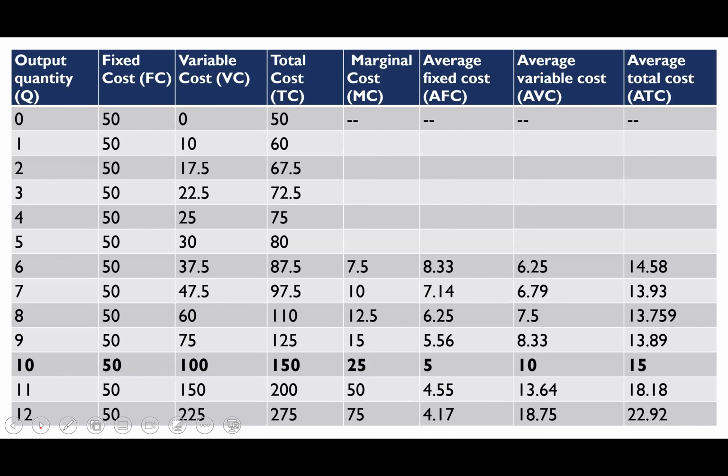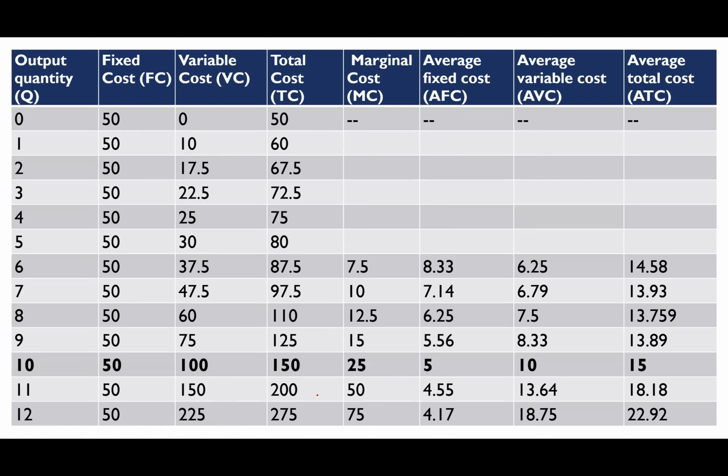Okay. So we're looking again here at the firm's output table. You're seeing in the leftmost column output from 0 to 12. In the second column, fixed cost is constant at 50. Variable costs you see is growing with output, as is total cost, but just by an increase of 50 units.